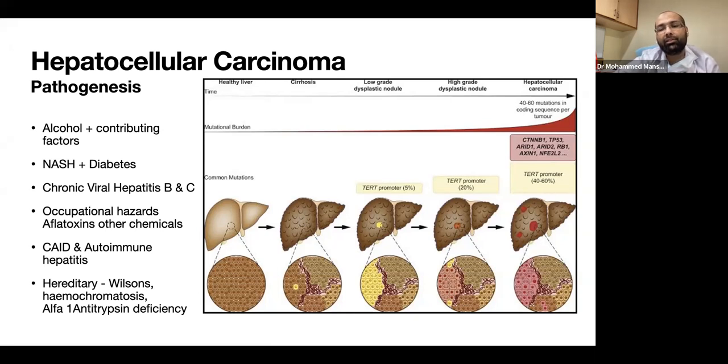When these mutations occur in larger numbers, more and more pathways get altered and finally lead to development of hepatocellular carcinoma. It's usually multicentric, and in later stages it becomes advanced, infiltrating the adjacent structures as well as metastasizing to distant sites.